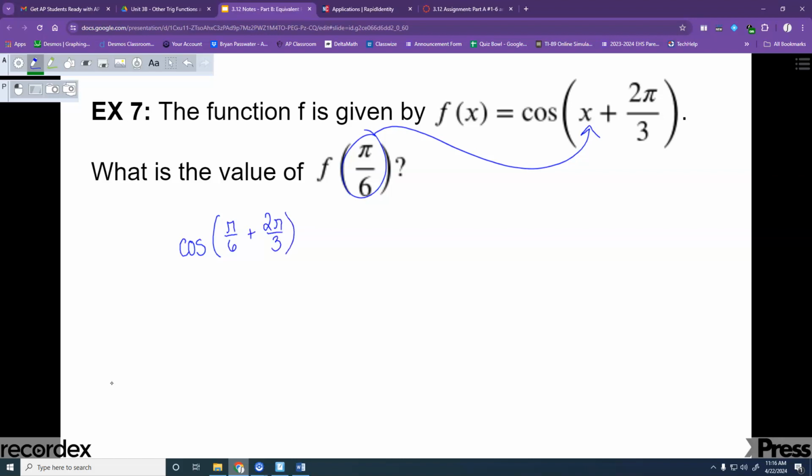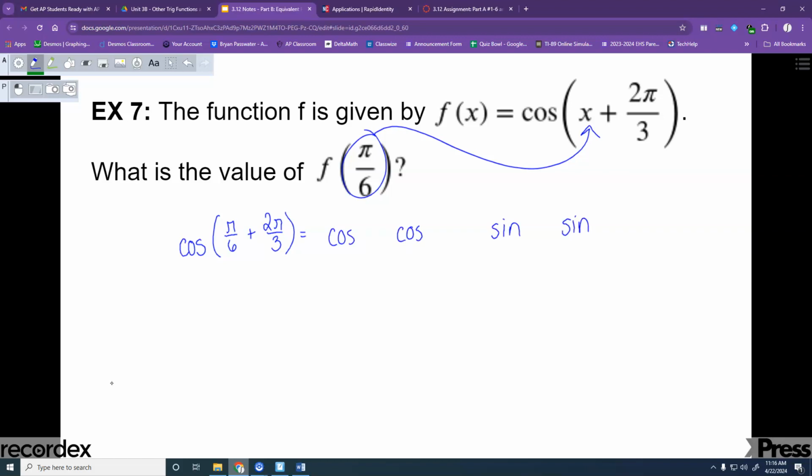And this would not be a calculator active problem. So you would have to figure this out without the calculator because it would be too easy if you just typed it in. So this one is a cosine. So we have to do the cosine conga for this. So as we're writing out the formula, I would say cosine, cosine, sine, sine.